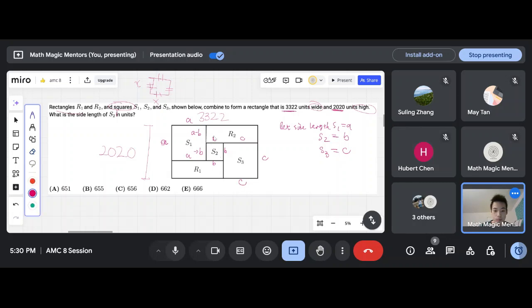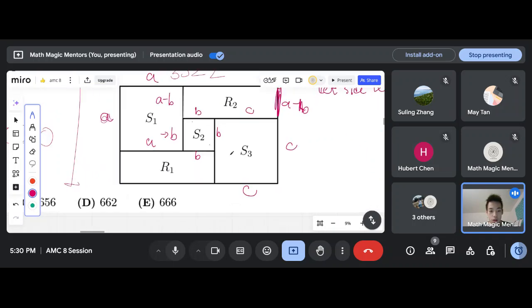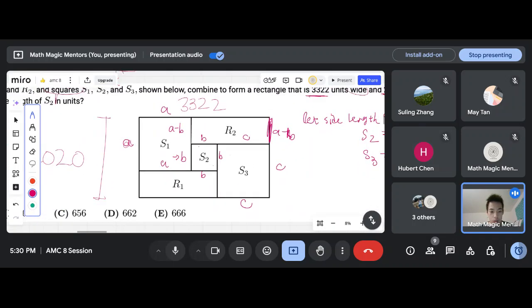So this thing is going to be A minus B, because this is a rectangle. I'm just going to zoom in real quick.